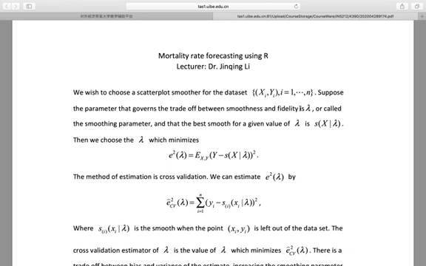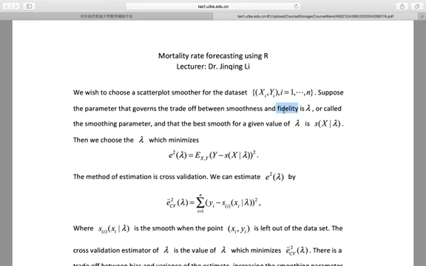Now I introduce a parameter called lambda. It is called the smoothing parameter, and it controls the trade-off between the smoothness and the fidelity. The fidelity here can be understood as the goodness of fit.